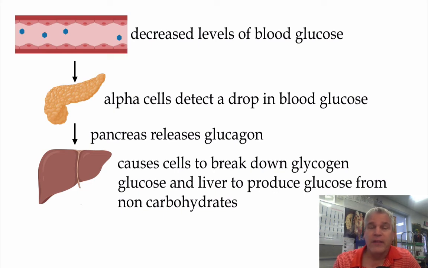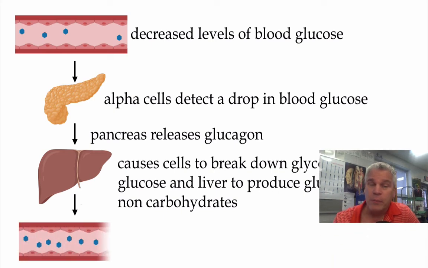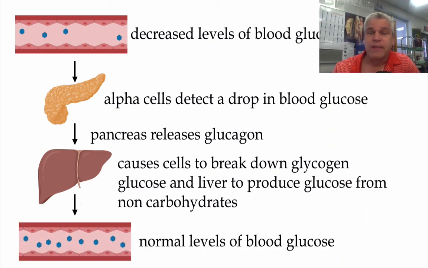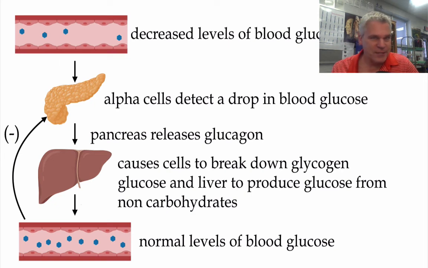Now, if we don't have any glycogen, it'll take fat and it'll break that down and change it into glucose. Now, once the glucose levels get back to normal, guess what's going to happen? The alpha cells will detect that things are back to normal. It's going to stop the production of glucagon, not where you thought I was going to go with this, isn't it? And this is also a negative feedback system.